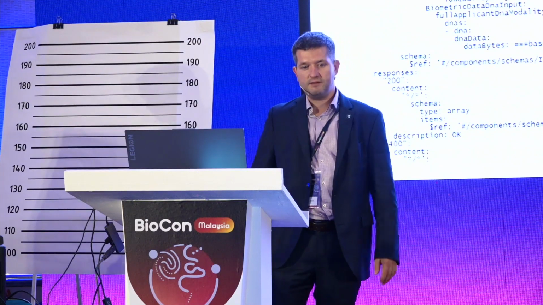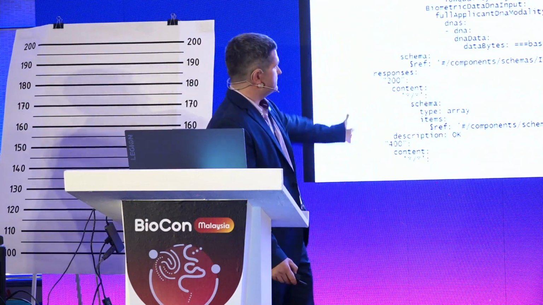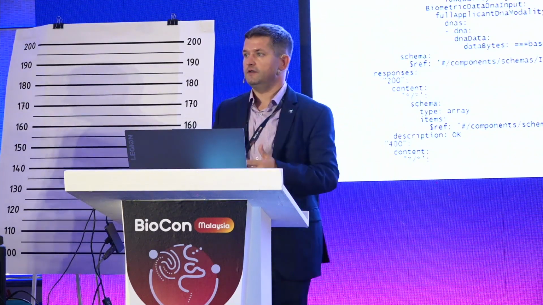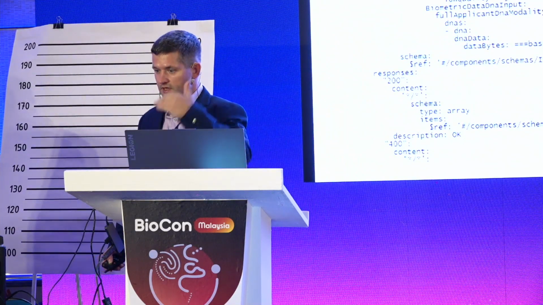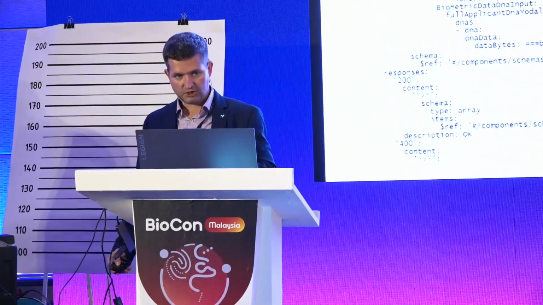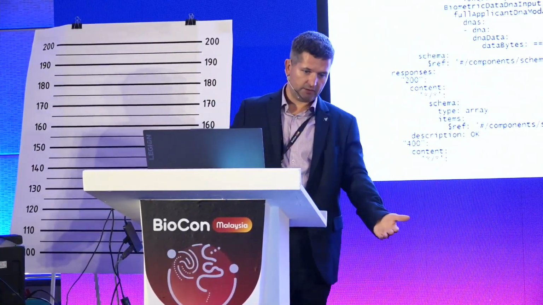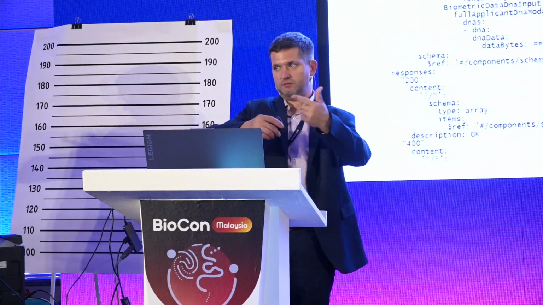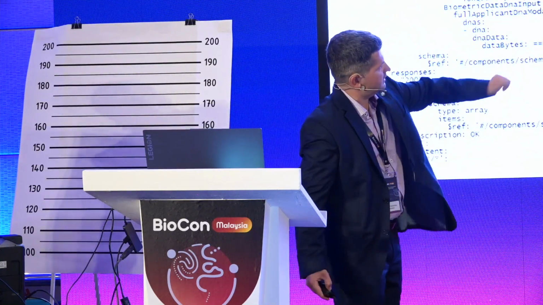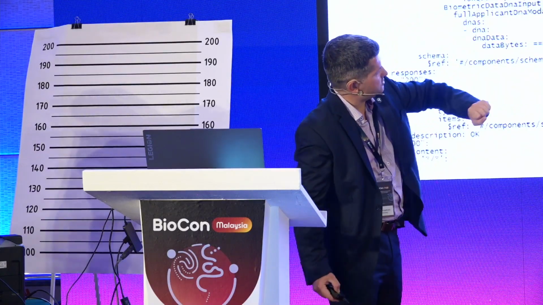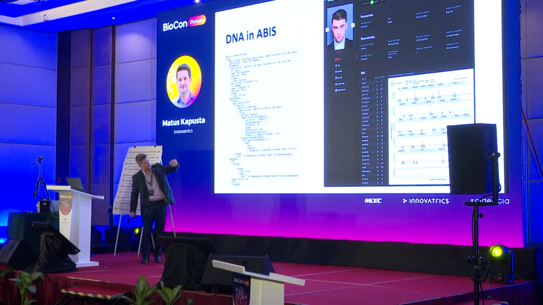How does it work in ABIS? Yes, of course, there is an API. There is an interface which will allow you to upload or download the DNA information. It's interoperable, so you can exchange it with other systems. This is very important. And this is how it looks. That's the outcome of the machine, and this is the representation of the DNA in the system.